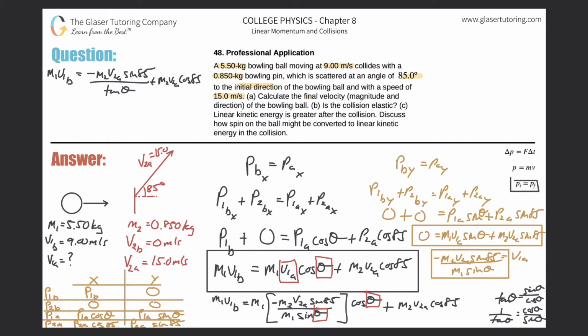Okay, so we're after theta, right? So I just have to now solve this. I've got to basically isolate this on one of the sides. What I'm going to do is subtract this term on over to the left. So now we'll have m1 v1b minus m2 v2a cosine of 85 will then equal negative m2 v2a sine of 85 all over tan theta.